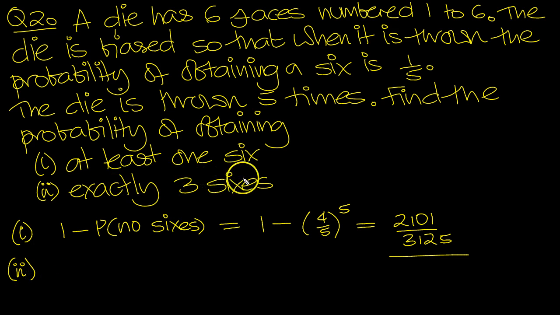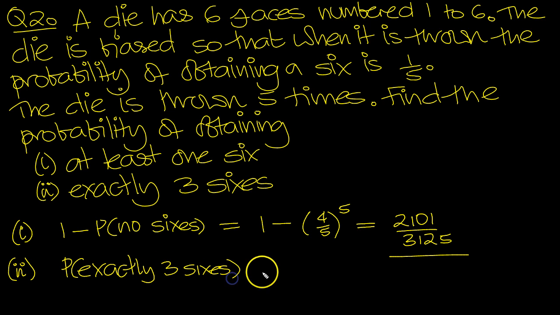Okay, exactly 3 6s. Well, the probability of exactly 3 6s then. For that to occur, you'd need to have 2 times when it wasn't a 6, so it's 4/5 squared.